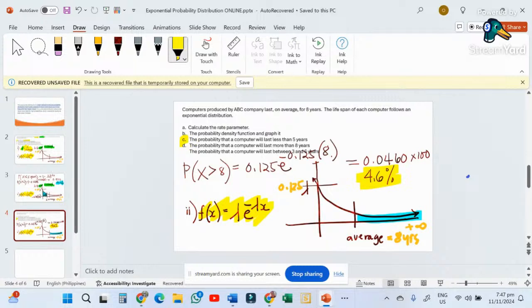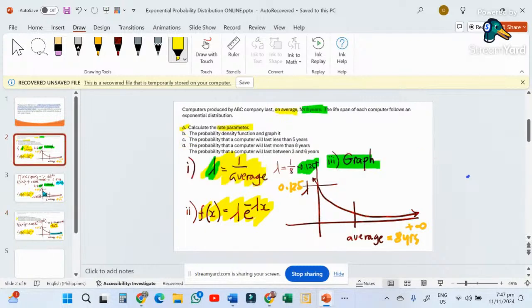All right. And then the probability that the computer will last between 3 and 6 years. Now, this is a bit tricky. Between 3 and 6 years, you have to get the 6 years first, and then after that you have to get the 3 years, and then you have to take away the results.